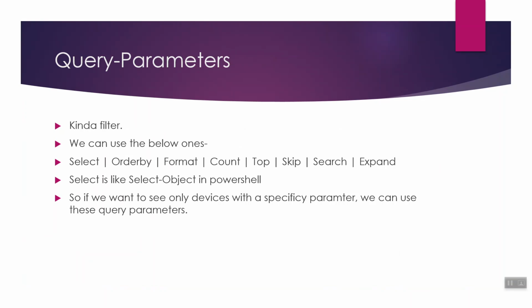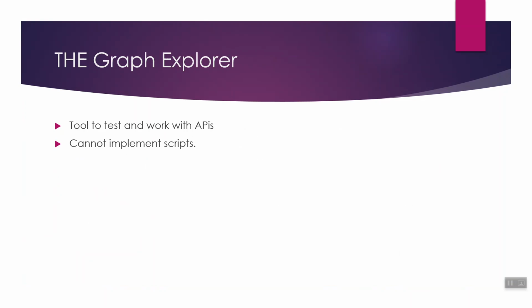So now let's just take a look at the query parameters. I'm not going to go into detail of the query parameters right now. We will actually try all of them out and see how exactly it works when we run a query. Okay, so let's just say that we are making a query. So how exactly did our query look until now? It was https://graph.microsoft.com/v1.0/deviceManagement, which is the root, the top of the hierarchy, which is like Microsoft Intune.